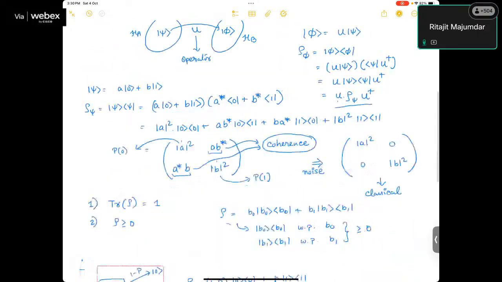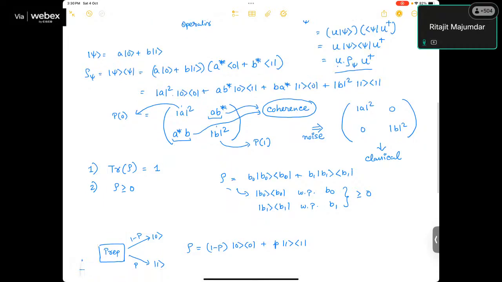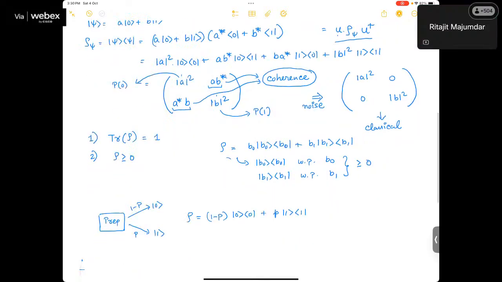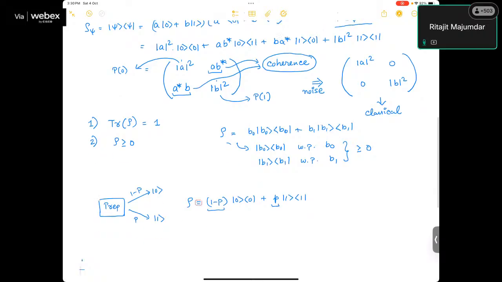When we come to the density matrix, the diagonal terms are the probabilities. They are not amplitudes. This is a classical mixture of the state 0 and the state 1. The state 0 is prepared with probability 1 minus p, and the state 1 is prepared with probability p.